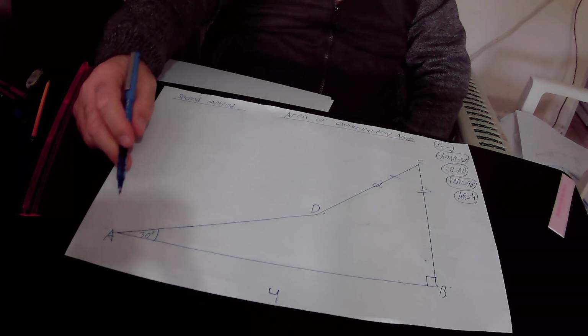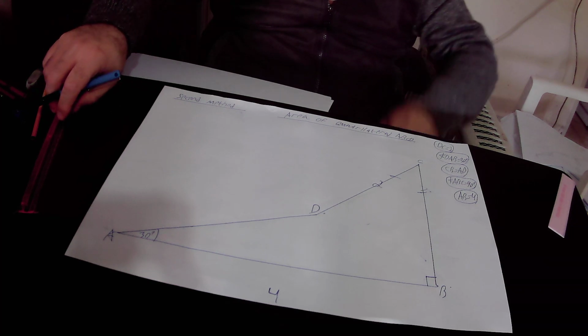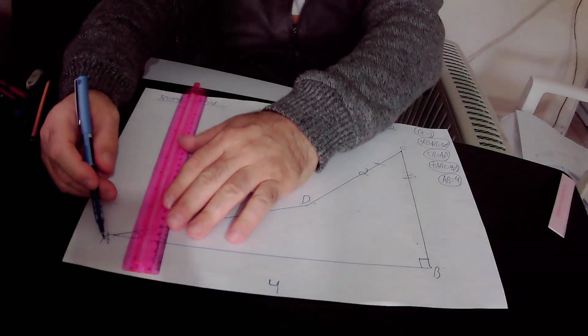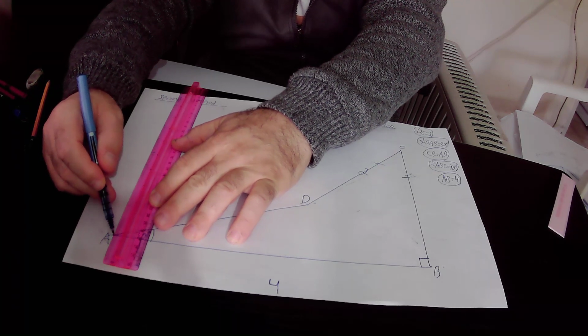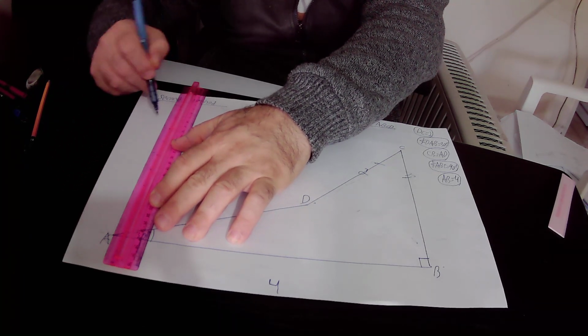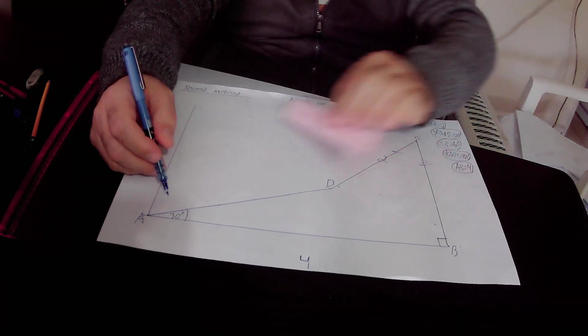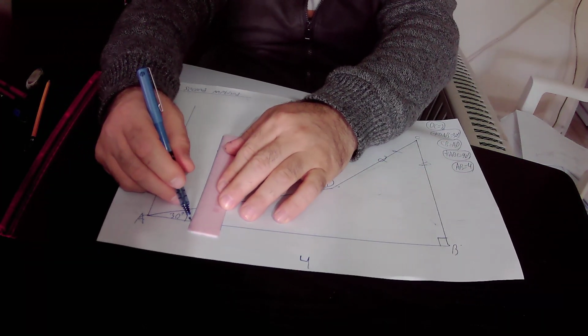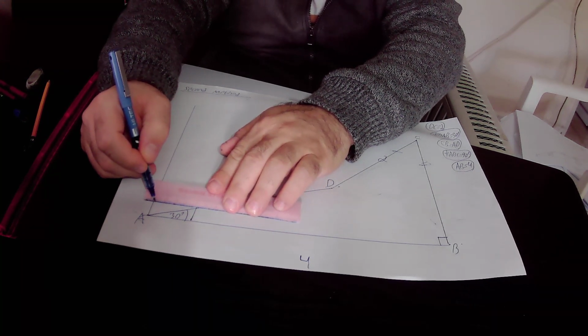From point A, we will go perpendicular to AB. So this angle will be equal to 90 degrees. It will be a right angle.